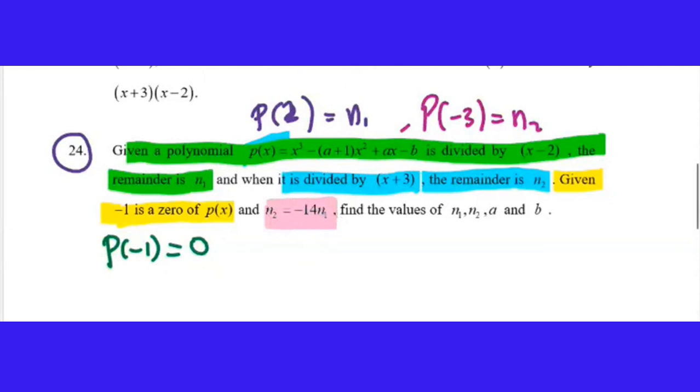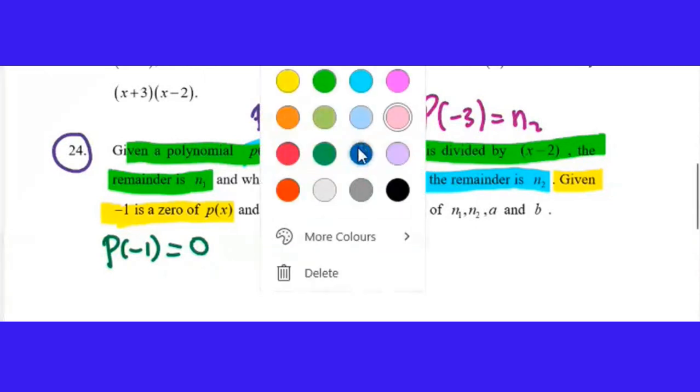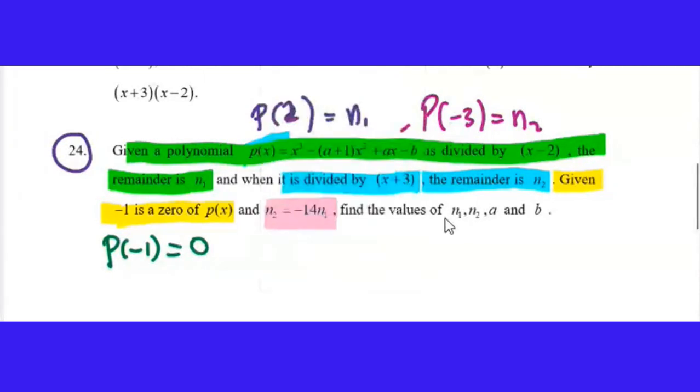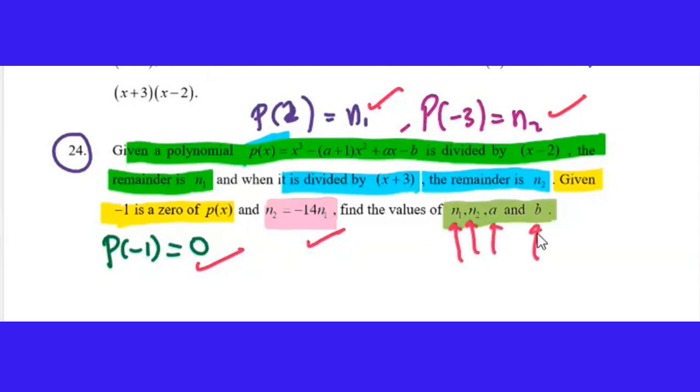The next step you need to find N1, N2, A, B. Ada 4 unknown. Kalau check, ada 4 equations. 1, 2, 3, 4 equations, and 1, 2, 3, 4 unknowns.